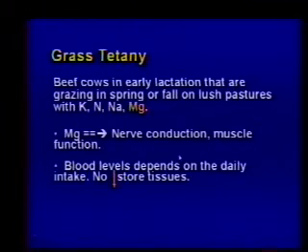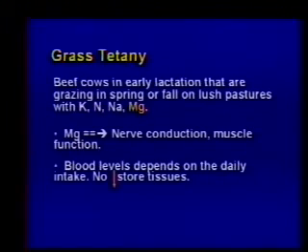Magnesium, of course, is needed for nerve conduction and muscle function. And I also would like to include that magnesium is needed as a cofactor in calcium metabolism. For calcium to be absorbed through the intestine, and for calcium to be resorbed from the bones, magnesium is required as a cofactor.